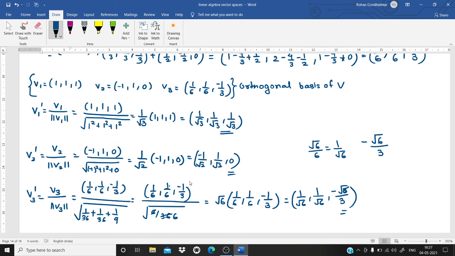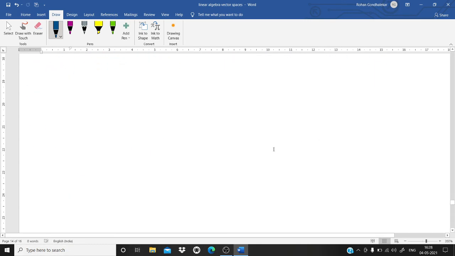Now further I would like to discuss a very interesting example from the previous year examinations. See the question. Construct an orthonormal basis of R3 using the Gram-Schmidt process. Now we'll do one simple example.